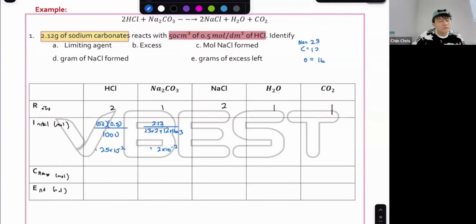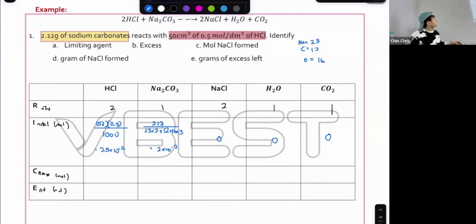Is that right? Tell me. Guys, initially, do you have any NaCl, H2O, CO2? No. Initially, everything is 0. Understand? I find mole only, 10 and 1, okay?